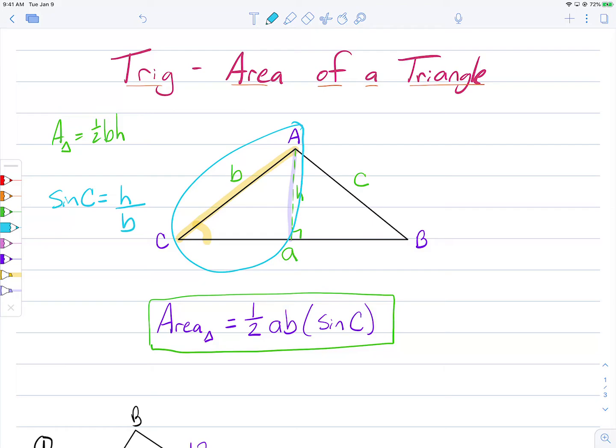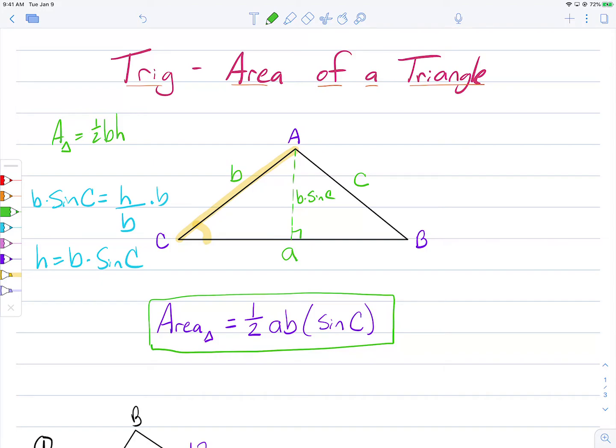So if I wanted to solve for the height, I would multiply both sides by b, and I would have that the height is b times the sine of angle C. So I can write that this height here is whatever b times the sine of C is. So why does that matter with our equation?